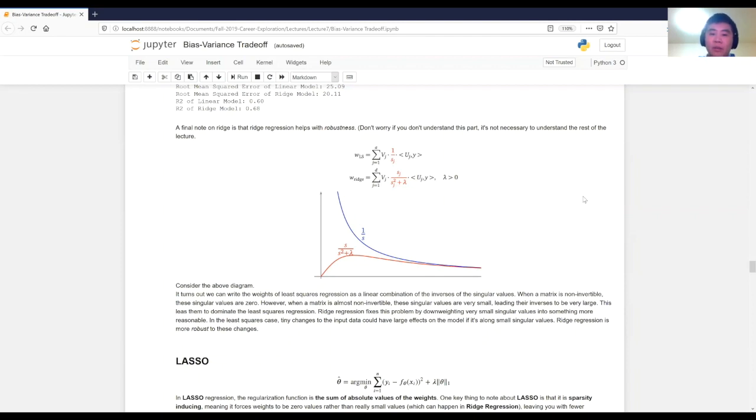With linear regression and ordinary least squares, I can describe the weight space as a linear combination with weights 1 over S, where S is a singular value of the matrix X transpose X. The important thing to note is that when that matrix X transpose X is almost not invertible, then some particular values of S are very small.